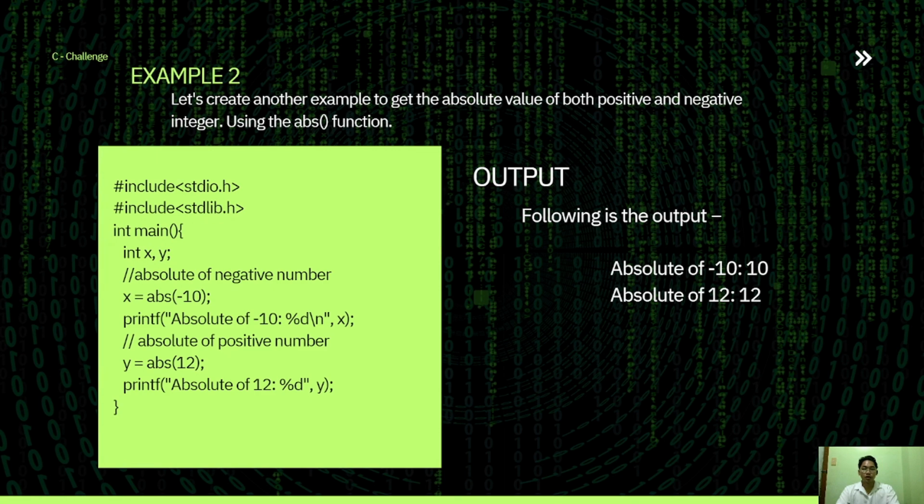Example number 2. Let's create another example to get the absolute value of both positive and negative integers using the ABS function.